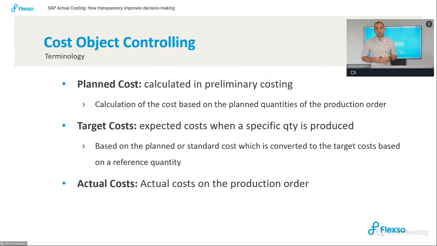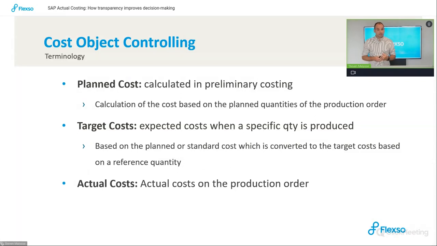So what do we see on a production order? Assume that we are planning to produce 10 bikes on one production order. But in the end, we only confirm 9 final assembled bikes. Then the system will show us the cost for 10 bikes which have been planned. But the consumption and the confirmations will be done for 9 bikes.